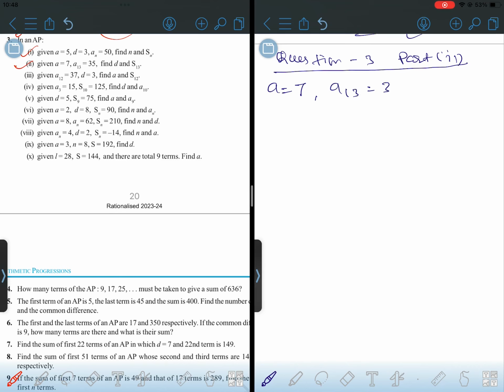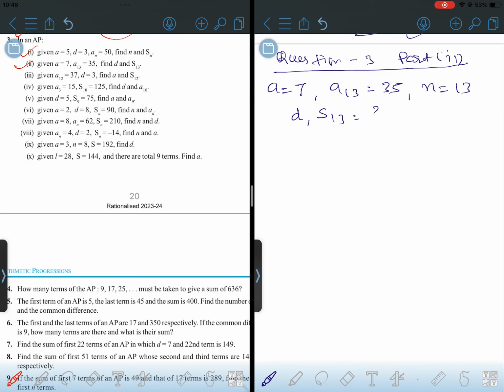Once they have given a13, it means the number of terms is also given, that is n is 13. And we will find out the common difference and S13, the sum of the first 13 terms.